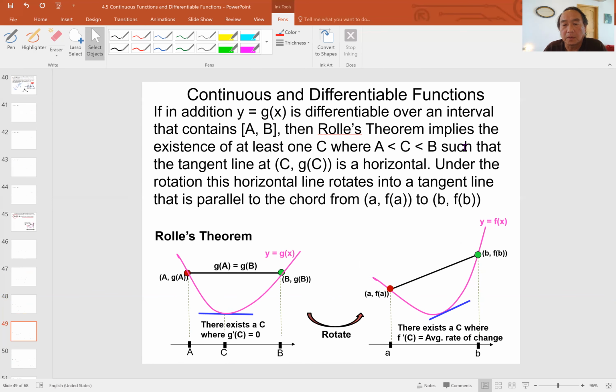So if I take Rolle's theorem and rotate it a little bit, the picture now looks like the one on the right-hand side.